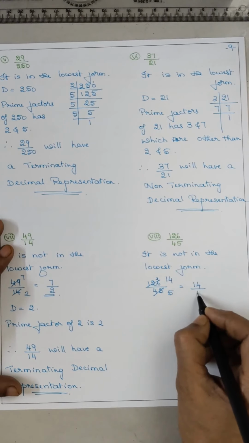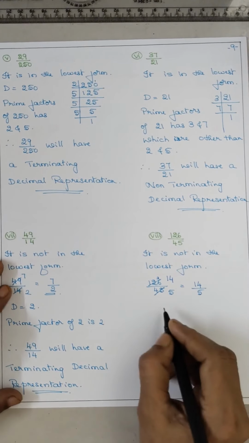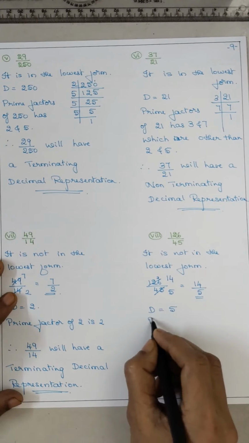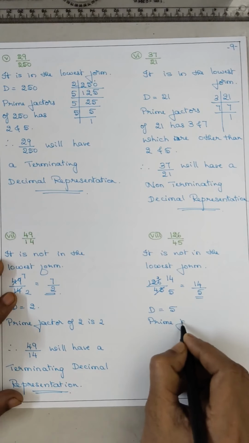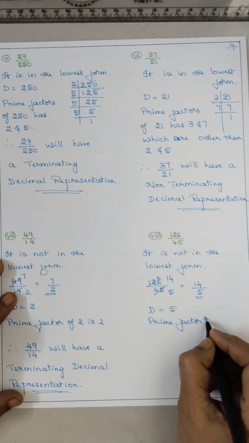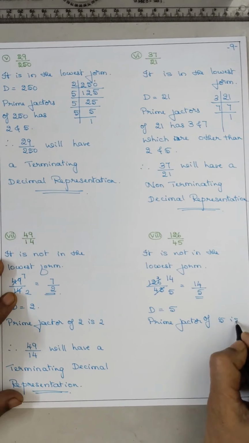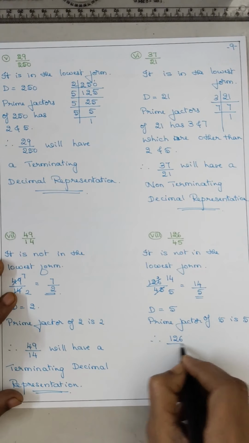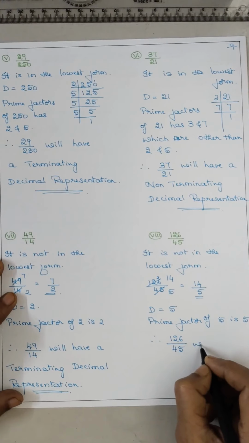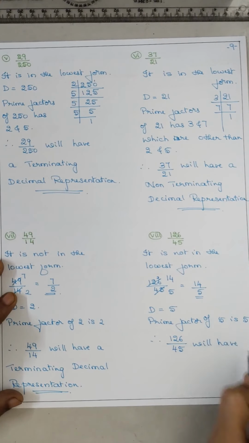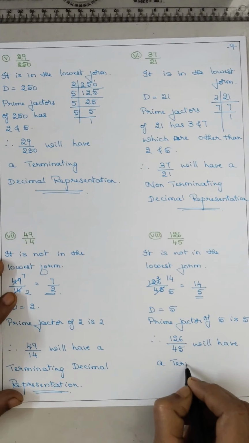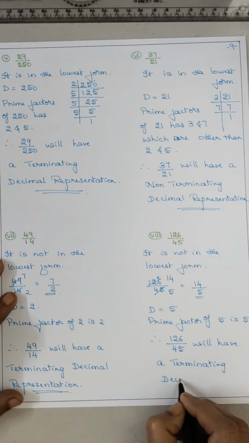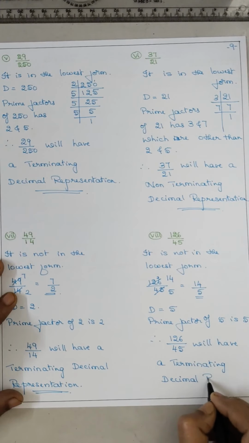You got 14 by 5. So now the denominator is 5. So prime factor of 5 is 5. Therefore, 126 upon 45 will have a terminating decimal representation.